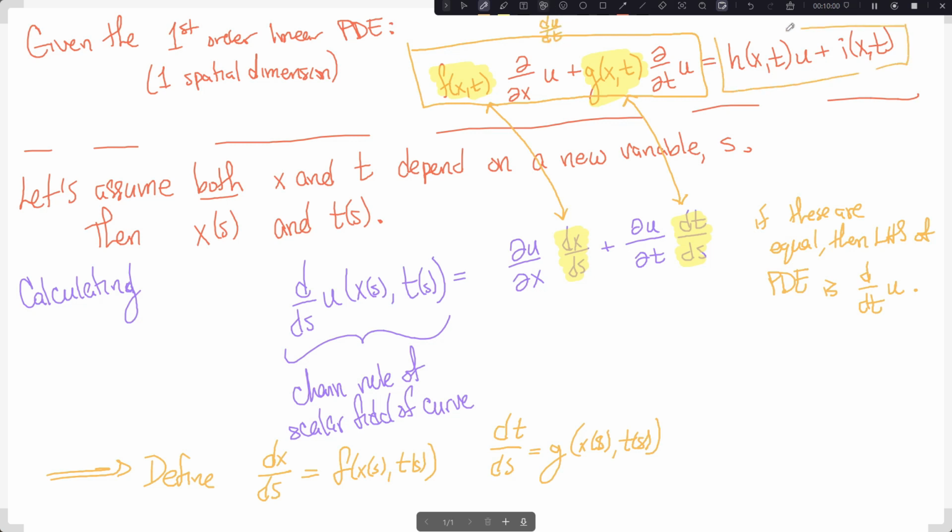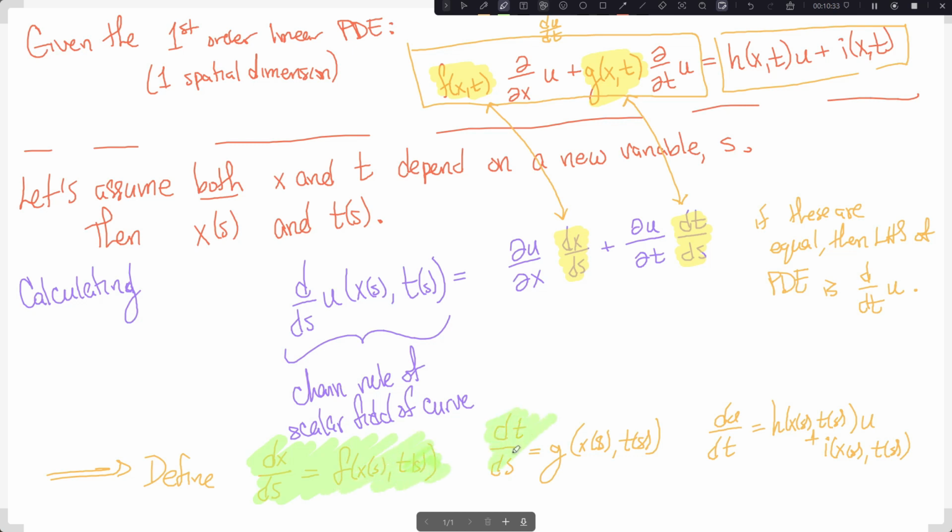So du/dt is now equal to the right-hand side. I recover that du/ds equals h(x(s), t(s)) u plus I(x(s), t(s)). So what we recover under the method of characteristics is 3 ODEs.